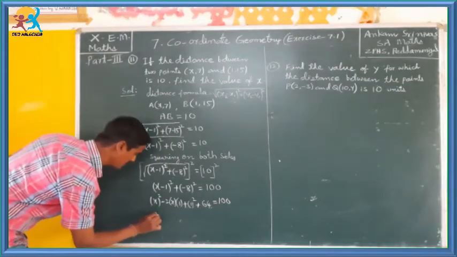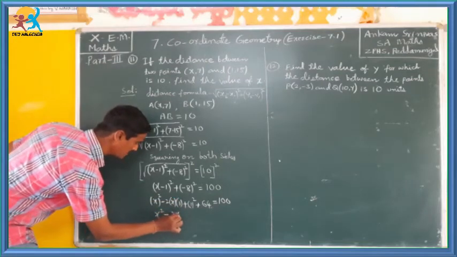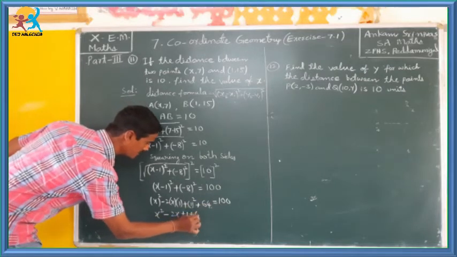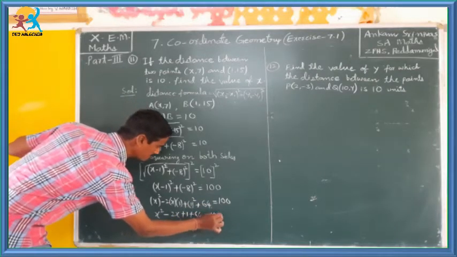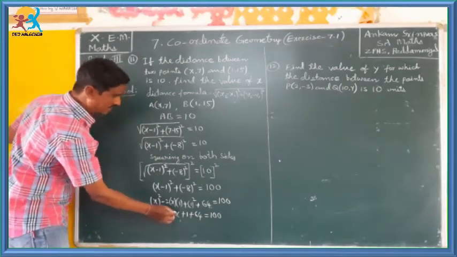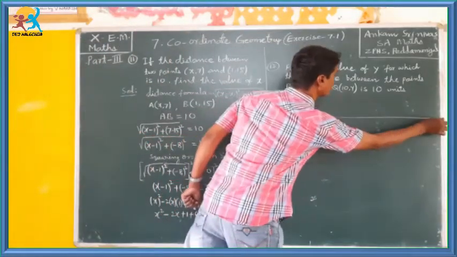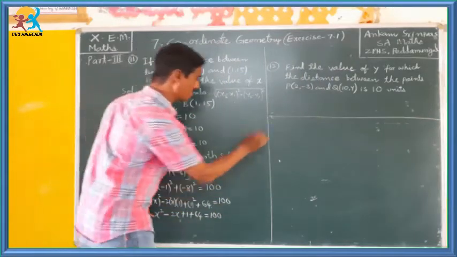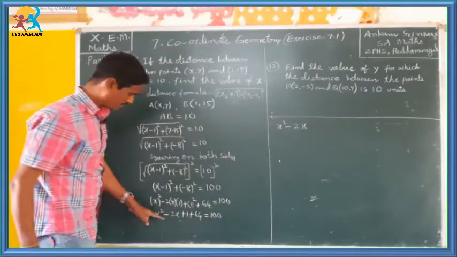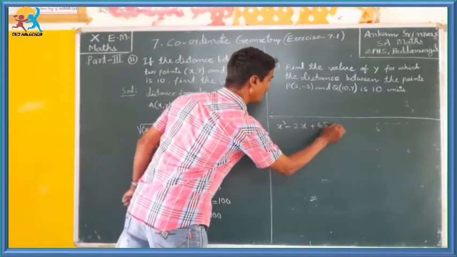Now x square minus 2 ones are 2 into x, 2x, and 1 square, 1 into 1, 1, and plus 64 equal to 100. Now x square minus 2x, and 1 plus 64 is 65, equal to 100.